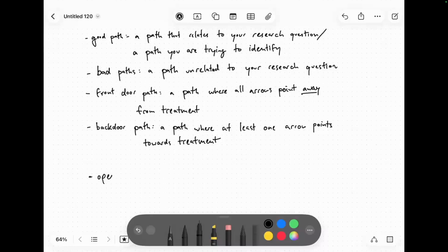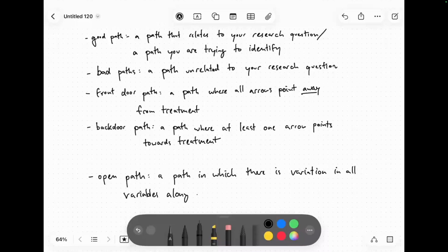An open path. This is a path in which there is variation in all variables along a path.